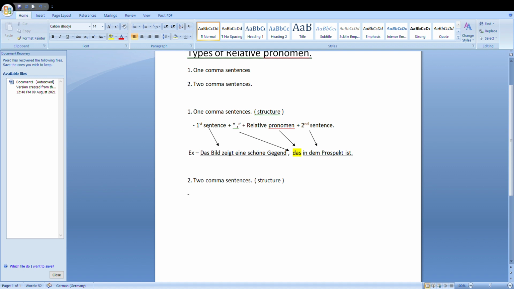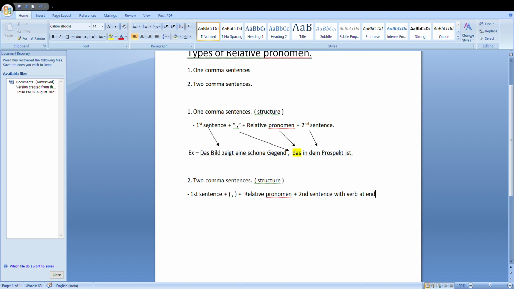The structure is a bit similar, but here we have the first sentence, then we have a comma, then the relative pronomen, then the second sentence with the verb at the end.